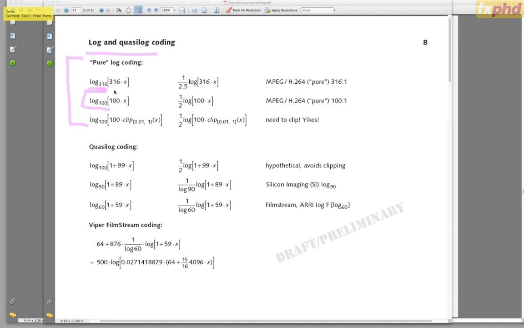Let's start with this one. This is probably the simplest one. So log to base 100 means that 100 is the base of the logarithmic coding scheme. What I'm saying is 100 raised to the value x is what yields the linear light value.